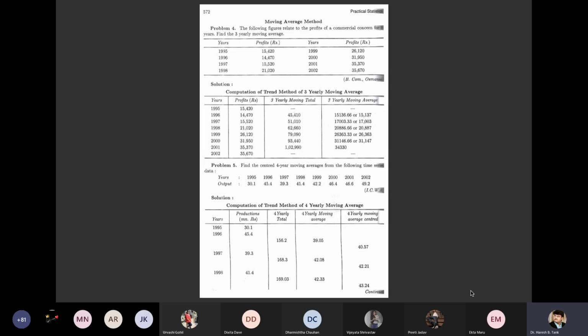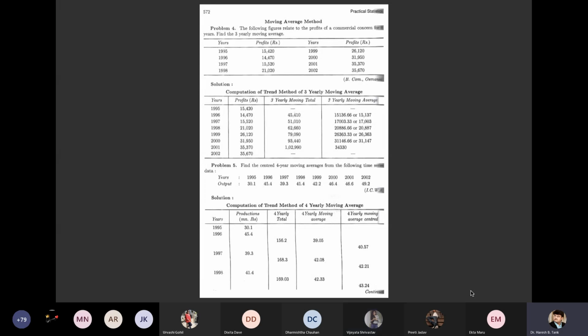What is the third one? What is the next entity? 42.33.